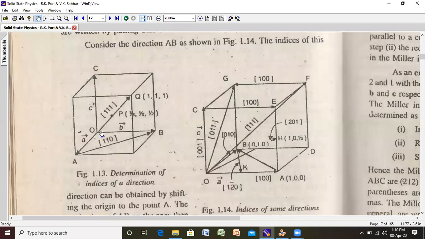So if I choose this as x-axis, this as y-axis, and this as z-axis, and I want to locate the point C, then the coordinates of origin are 0, 0, 0, and the coordinates of the point C will be 0 along the x-axis, 1 along the y-axis, and 0 along the z-axis, because this point C has not moved along the x-axis, not moved along the z-axis. It has only moved along the y-axis. So its coordinates will be 0, 1, 0. So that is the simple way to calculate the direction.